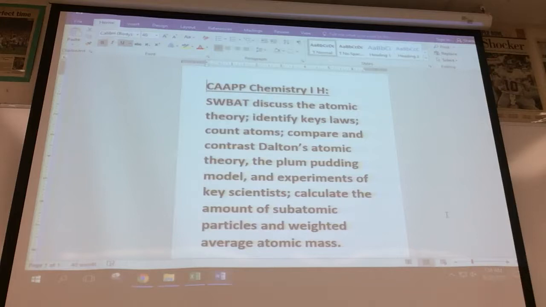What we're going to focus on today is first calculating the amount of subatomic particles, so how to figure out protons, electrons, and neutrons. Similar to our do now, I just want to review a few concepts. I know you've covered this in middle school, and we also really want to make sure you're clear on ions and isotopes, and you've worked through those POGIL packets, so hopefully you feel comfortable with both of those types of species.